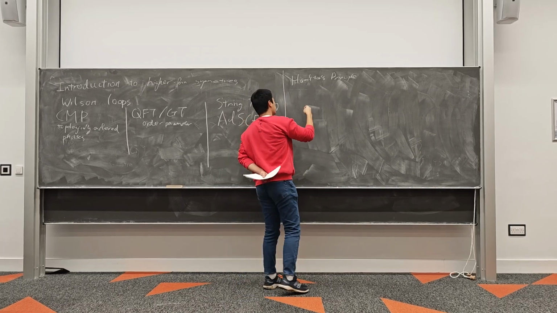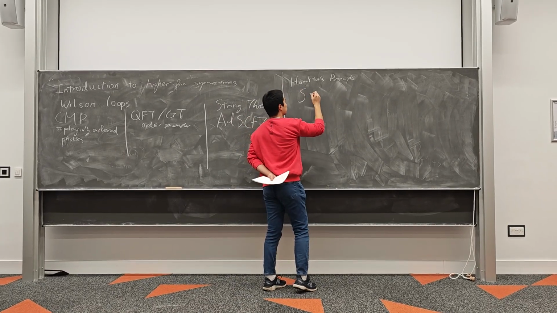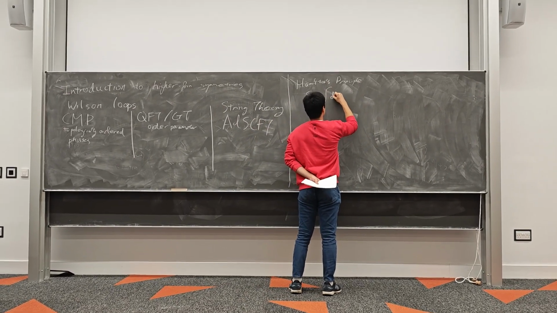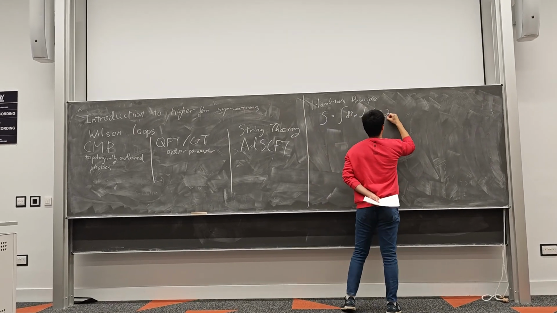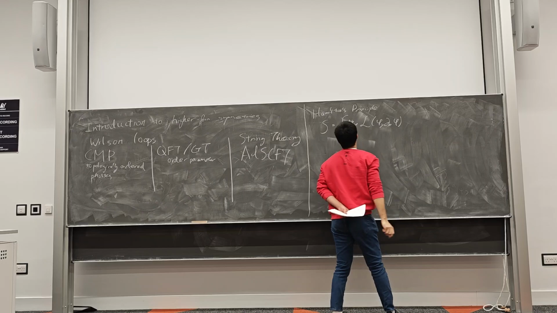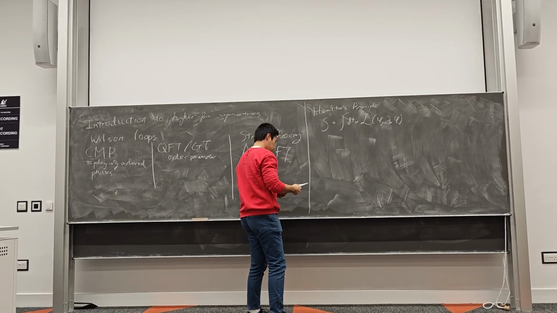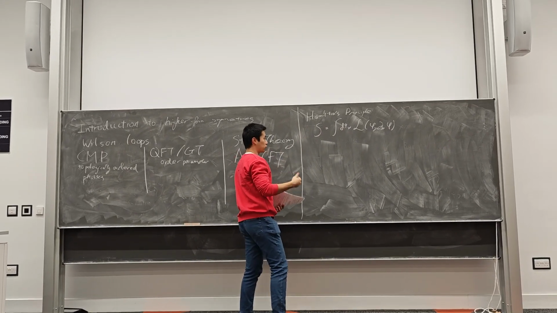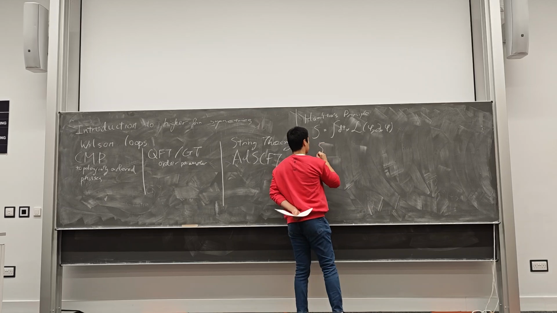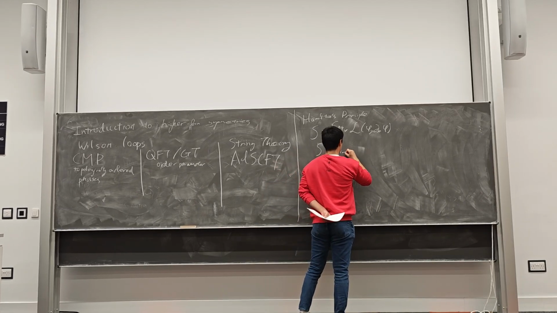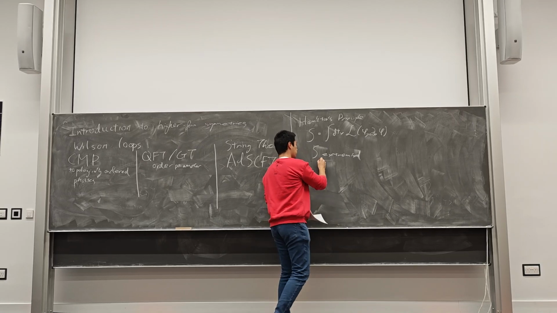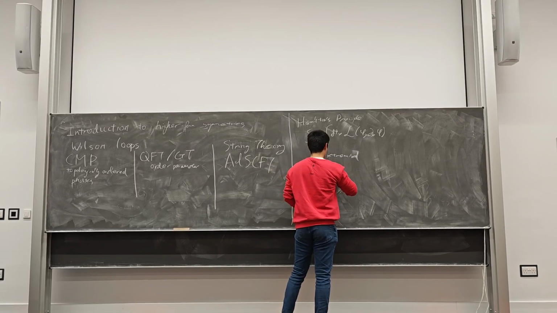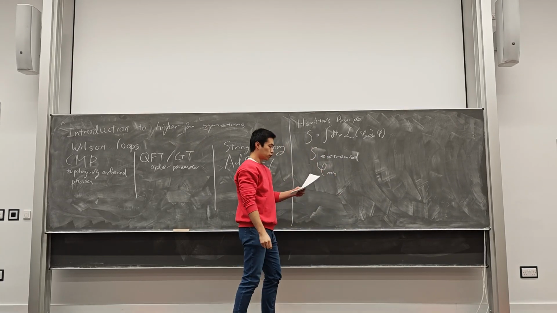So given a Lagrangian, we say that Hamilton's principle insists that if you have an extremized action, then this corresponds to having some field that minimizes this extremal action.